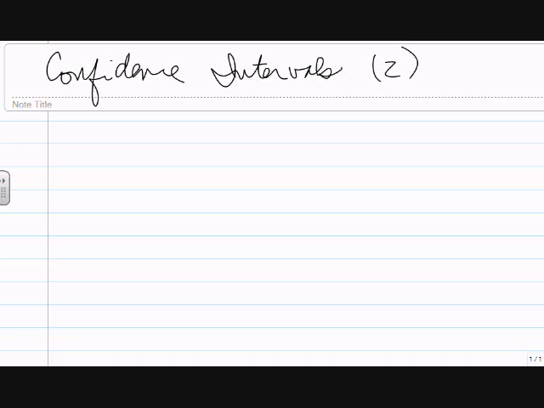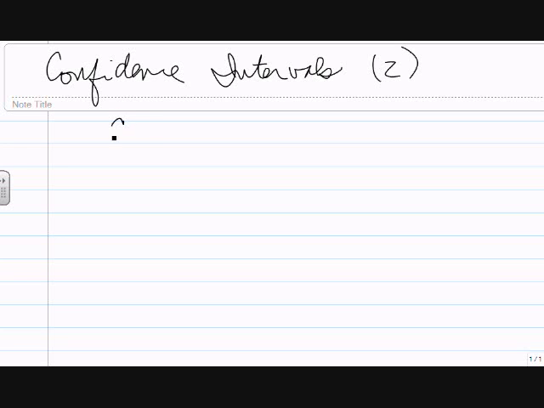All right. So this is confidence intervals, day 2. That's what the 2 is going to indicate here. So our confidence intervals, the whole logic of them is based on that sampling distribution, and so I have to meet some criteria to know that I've got the sampling distribution that I'm talking about.